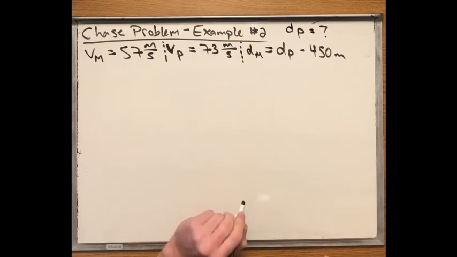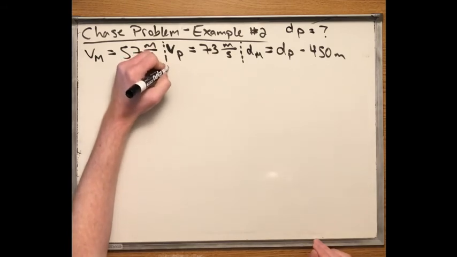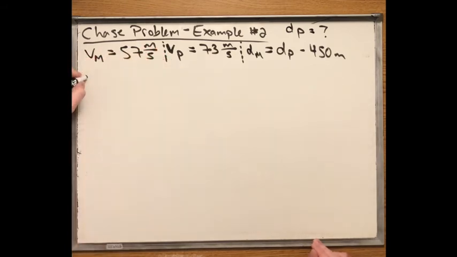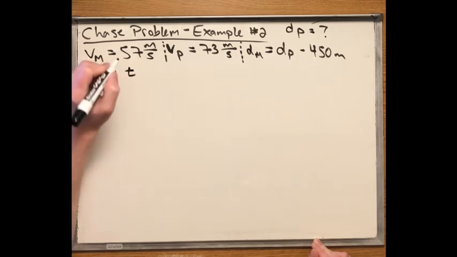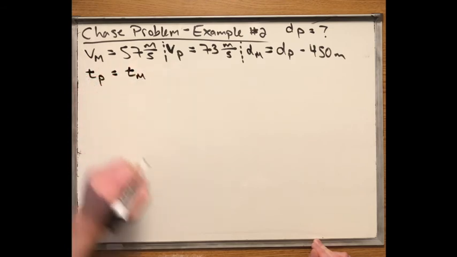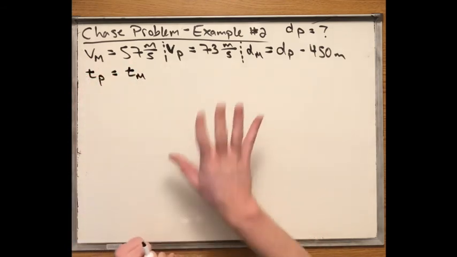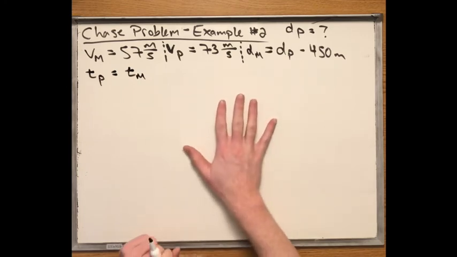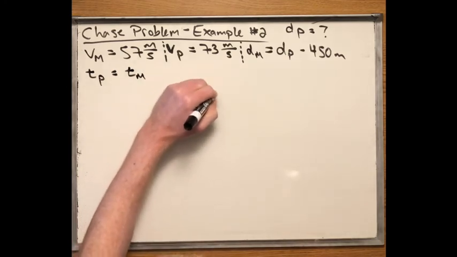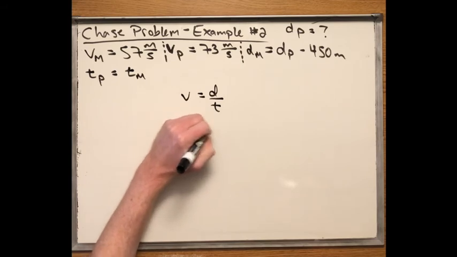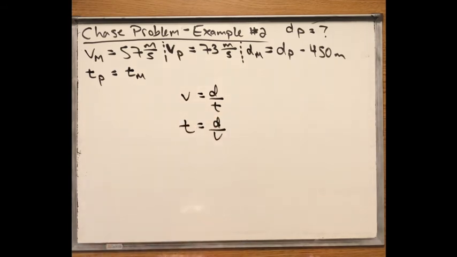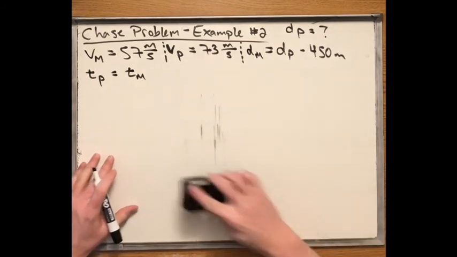Okay, so the first thing we can do here is acknowledge the fact that the times are the same. I'll do this over here just in case this needs a lot of room. We'll have the time for the police officer equal to the time for the motorist. I'm going to show this again just to make sure everybody's with me, but you do not need to do this every time. Because V is equal to D over T, doing a little bit of algebra reveals that the time is equal to the distance over the speed.